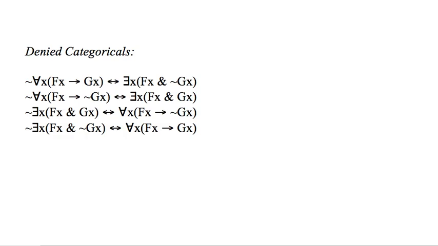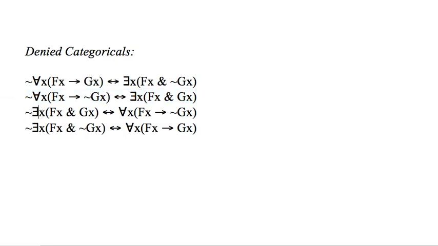The denial of all f are g is some f are not g, and this can be proved in both directions. We're not going to do the proof here, but it's not difficult. You should complete the proof for this biconditional yourself. If you have any trouble, let me know. Likewise, the denial of no f are g is some f are g. Those are two ways of saying the same thing. Do the proof here as well.